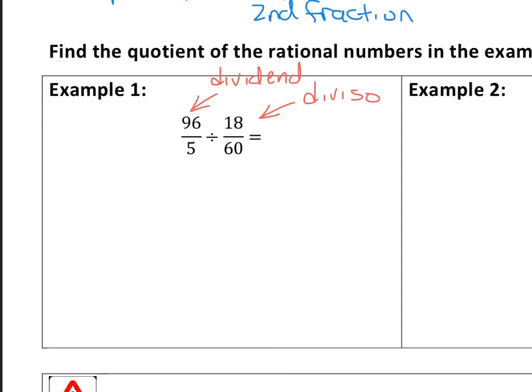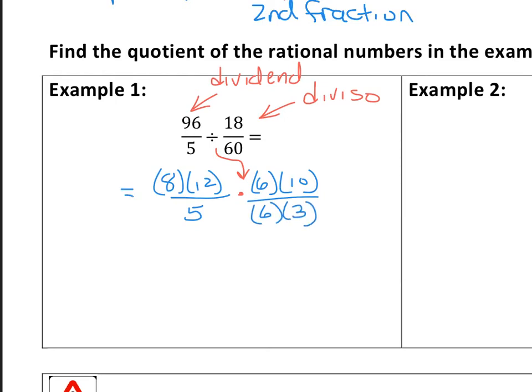For 96, I think about 8 times 12, and you can break that down even more if you want to. I'll leave the fifth alone. Then we're going to turn this division into multiplication, and I'm going to have 60 over 18. 60, I think 6 times 10. 18, I think 6 times 3.